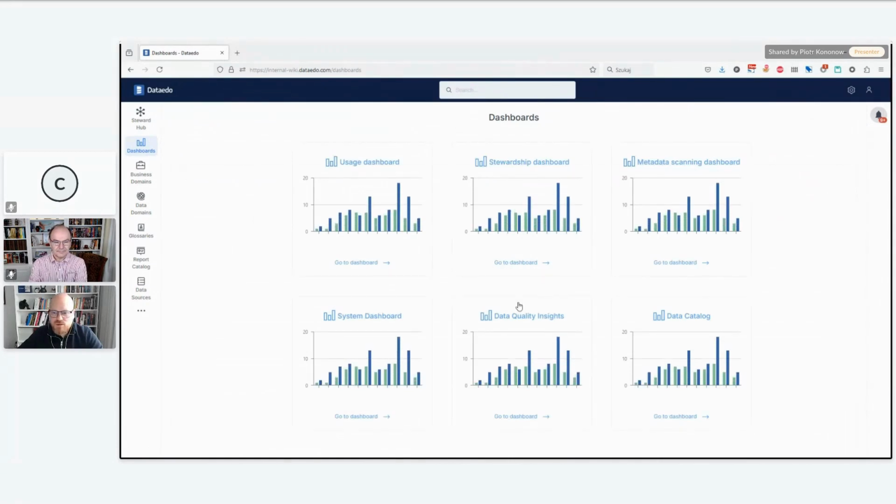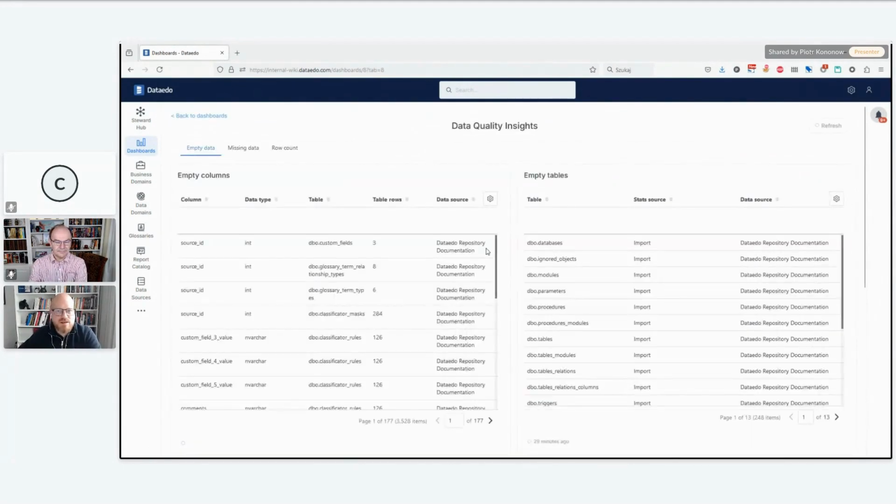The last one I'd like to show you right now is the quality insights. That's the dashboard that uses data from data profiling, and we identify elements in the catalog in your data that can potentially have some data quality issues. On the first tab over here, we have empty columns.